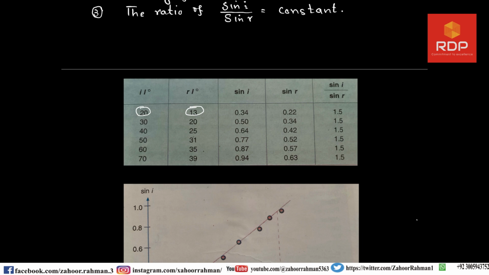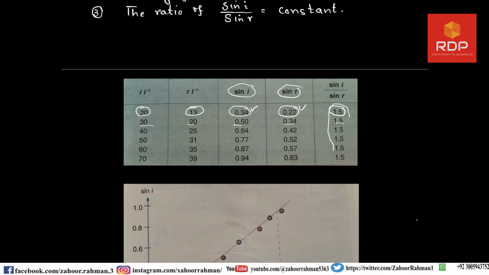When we find the sine of I, it will give you 0.34, and when we find the sine of R, the refracted angle, it will give you 0.22. And when we divide sine I by sine R, this value by this, it will give you 1.5, and all the other ratios are calculated in this way.